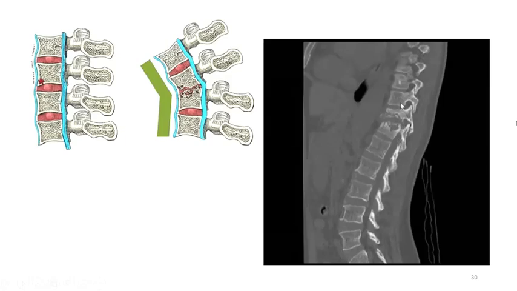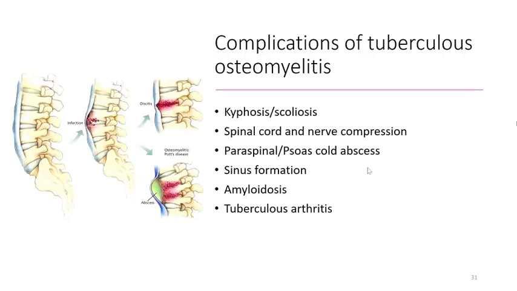You can see the appearance of the vertebral body compared to the adjacent normal vertebral body. These have been disrupted. And look at the curvature of the thoracic vertebrae here, causing kyphoscoliosis.